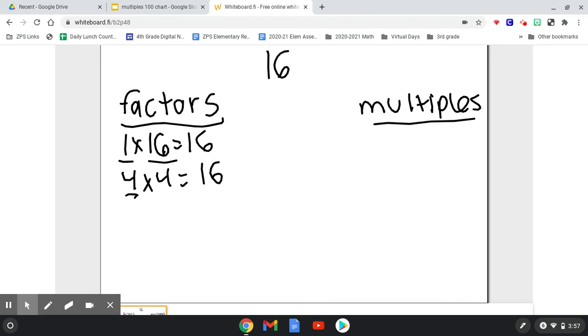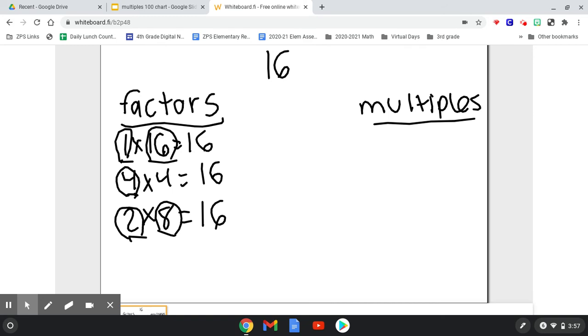I can also think of 2 and 8, which are also factors. Now you'll see that this number 16 has more factors than 10. So different numbers have different number of factors. Sorry, that's kind of messy, but hopefully you can see that.